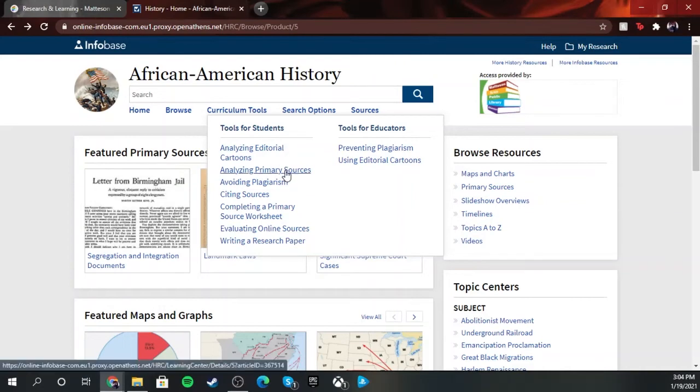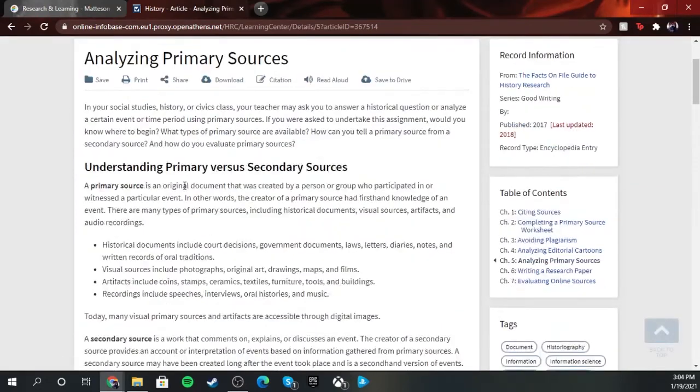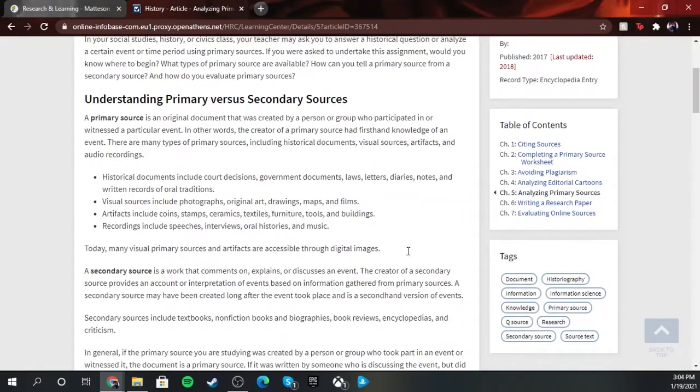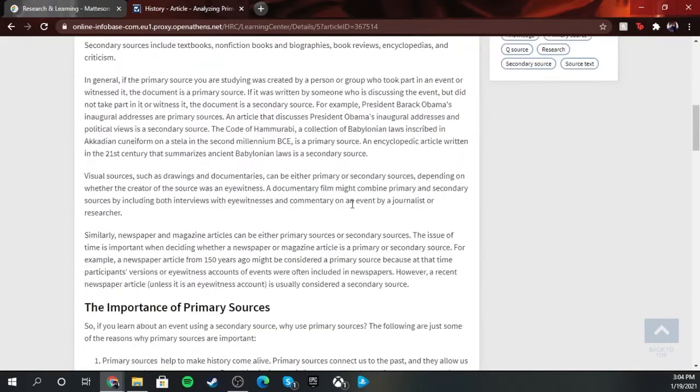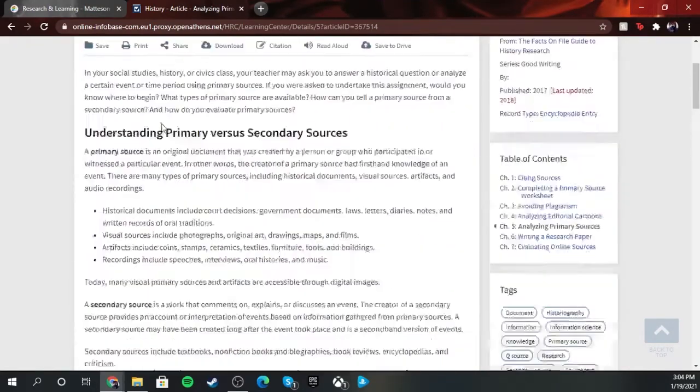Analyzing primary sources, so if they need help just basically understanding versus secondary sources, which is a great thing to understand, especially when you're Googling online, knowing what a primary source is versus secondary sources versus somebody's opinion. So if you want to make sure you have a credible source, this is a great way for them to break it down if you're not understanding that.